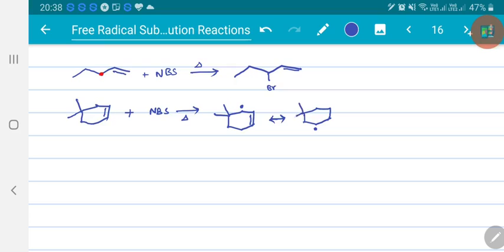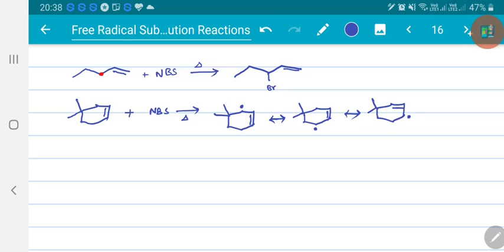This is also an allylic radical, and both are chemically distinct radicals. Or there is another possibility: after getting the radical here, homolytic cleavage may form a radical there and a bond here. So you may get a double bond here and a radical.